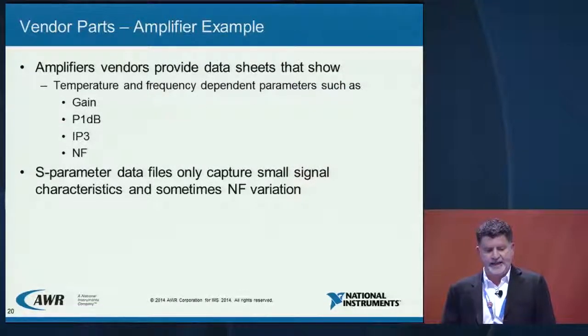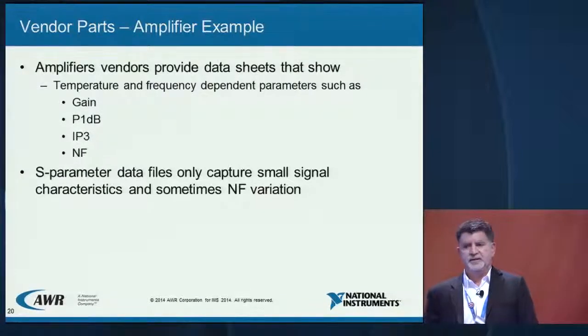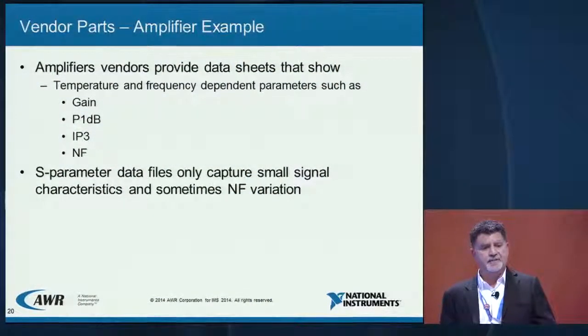Moving on, now we're taking the next step in the process of our design. This design consists of behavioral models. Now we have a circuit-based model, but now we're completing our design by using data from a vendor part. So VSS can capture more information for an amplifier than just S-parameters.